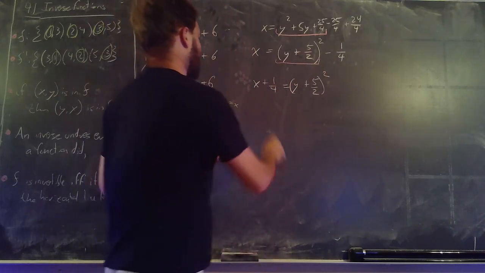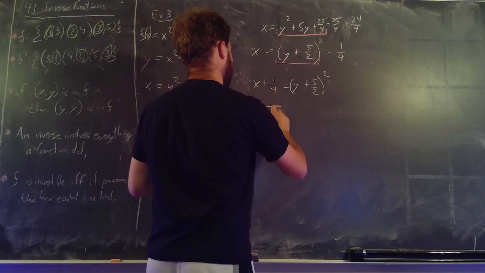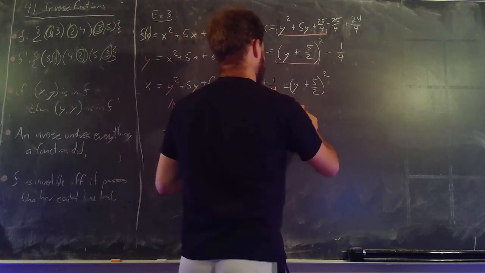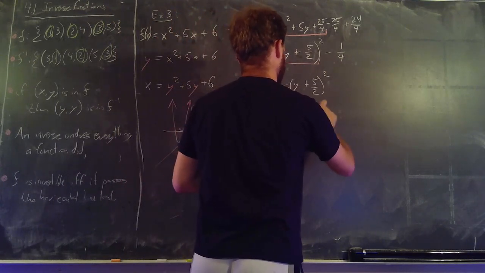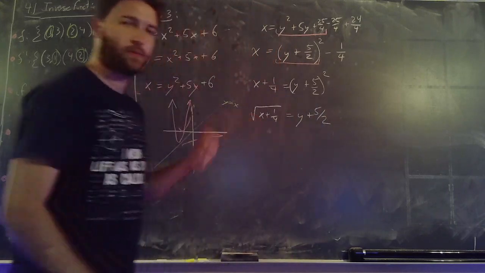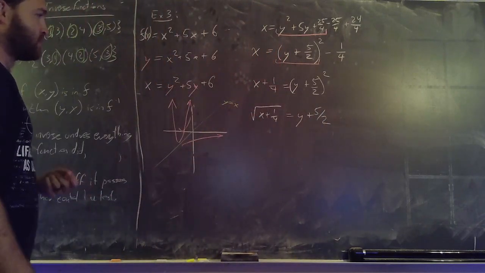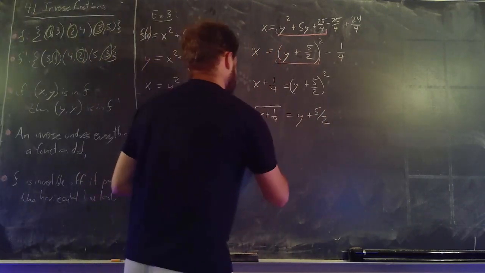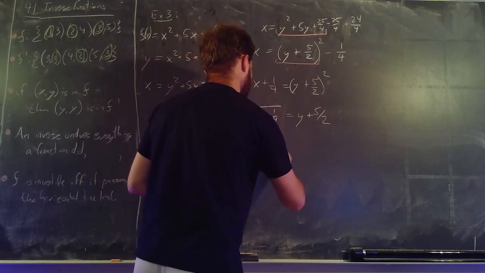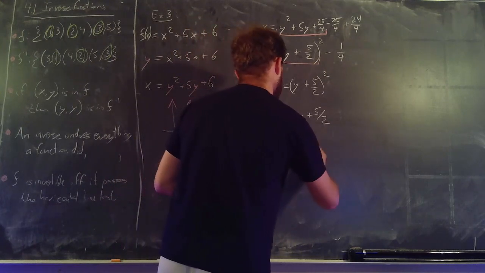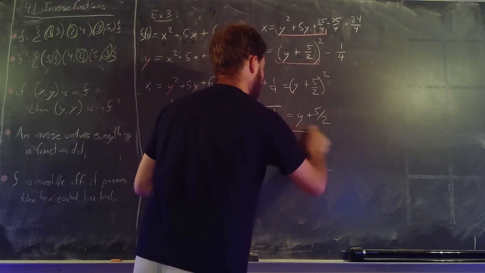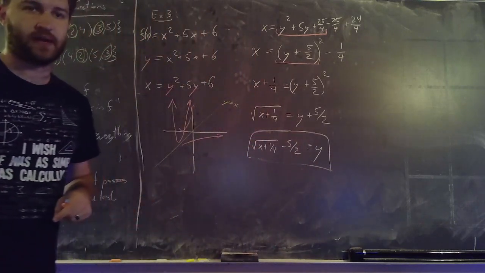If I square root both sides, that will have the effect of canceling the squared portion of y plus 5 halves squared, and just leaving me with y plus 5 halves. And then if I subtract 5 halves, I get y by itself, which is my inverse function.